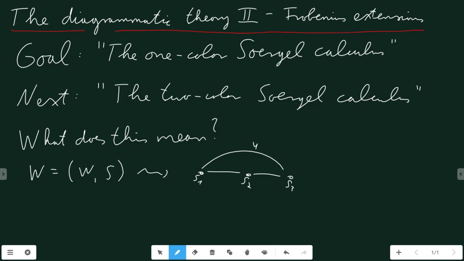Okay? These guys are colors. So the one color calculus means just have one simple reflection, and two color would be something like this.